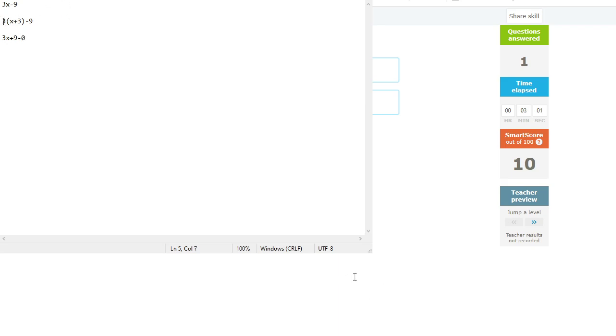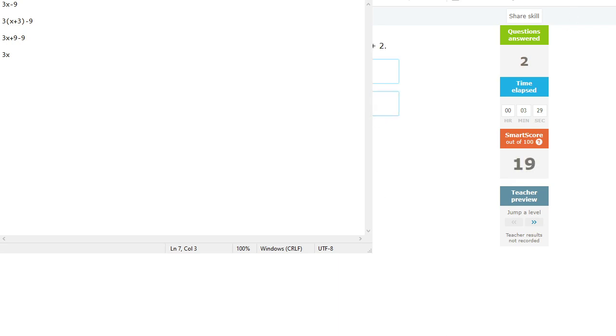Because again, I distribute that 3 inside, so 3x, and then 3 times 3, that's 9, and then minus 9. Now that +9 and that -9, combine like terms, those will just cancel. So then the answer would be just 3x. This is what's happening because this is a linear function, so you're just plugging into that. So 3x.